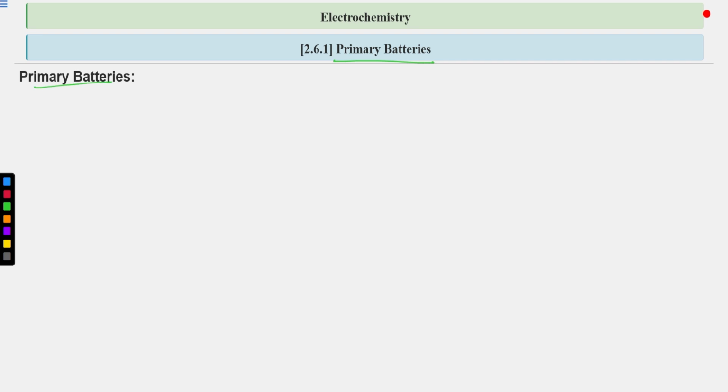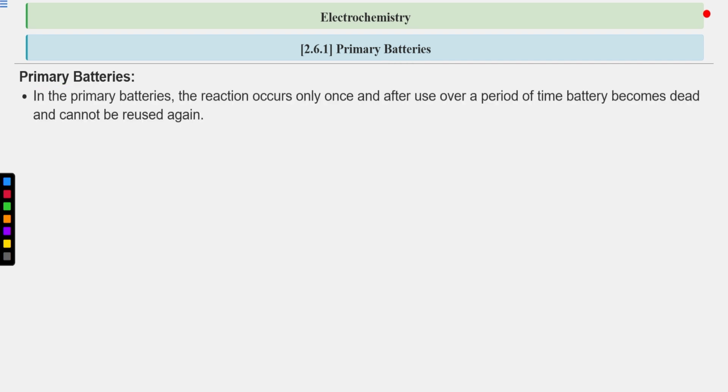In the primary battery, the reaction occurs only once, and after use, over a period of time, the battery becomes dead and cannot be reused again. This is a very important point for knowing the difference between the primary and the secondary battery.